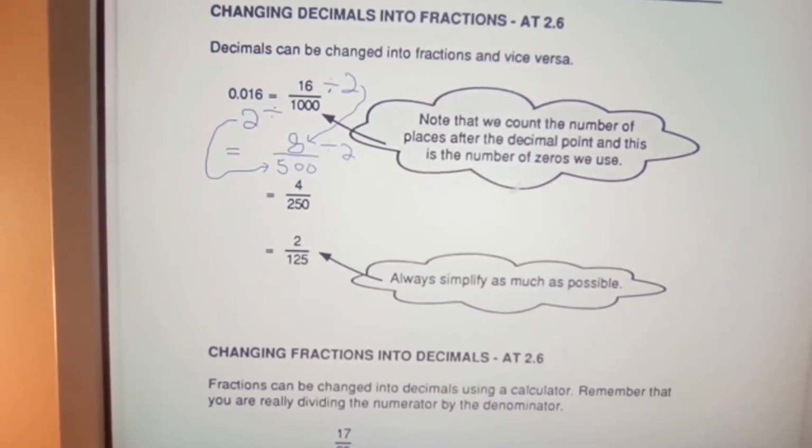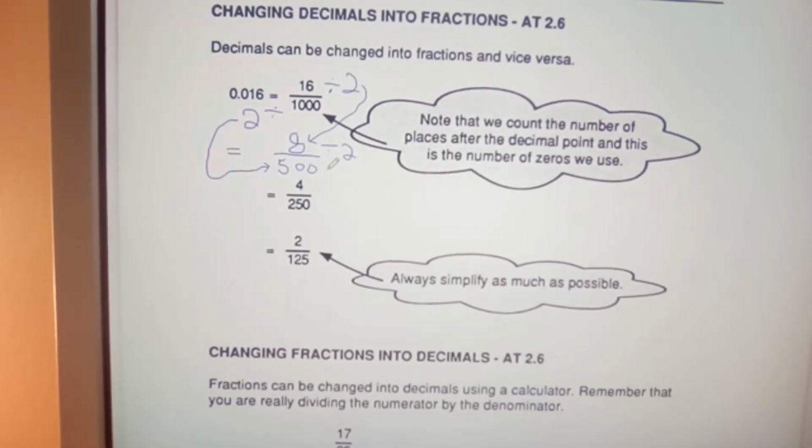So we then divide 8 by 2, that gives us 4, and that's where that gives us that answer. And the 500 divided by 2 as well will then give us that answer.